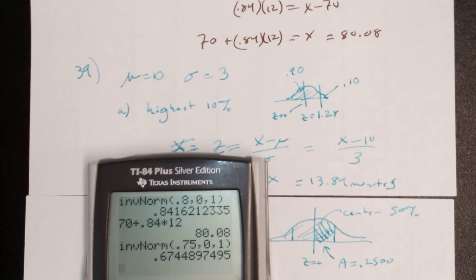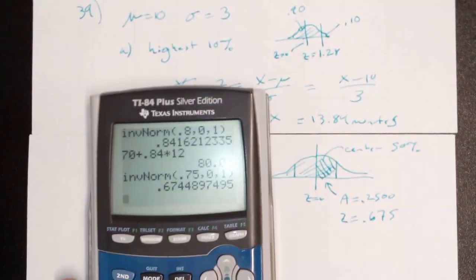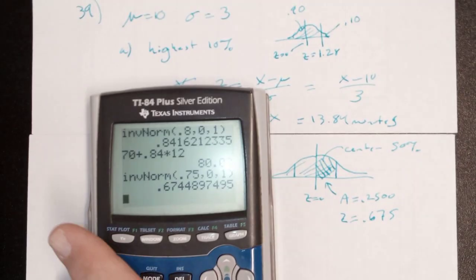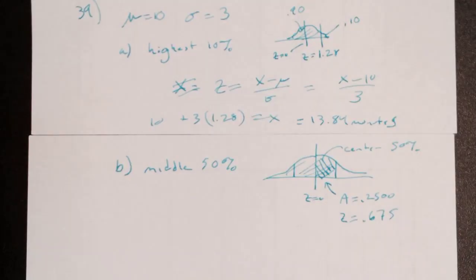But now I know this has a z-score of 0.675. I'm rarely going to go any more than 3 decimal places because if I was in my table, I'd only have 2 decimal places, right? Let me look at the table for a second. We're talking about 0.25, yes? In my table, it was a lookup of 0.25.